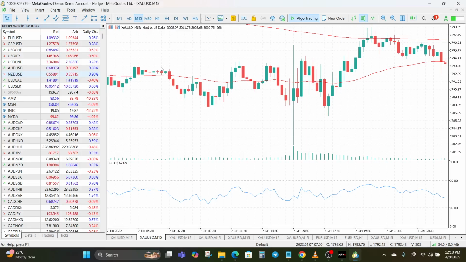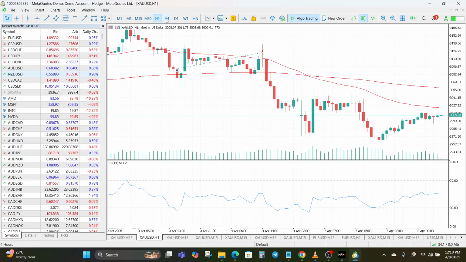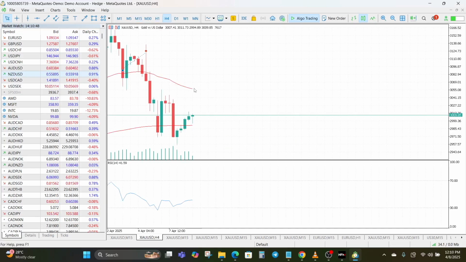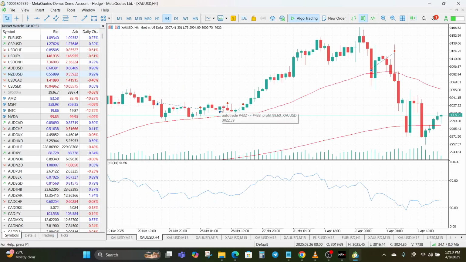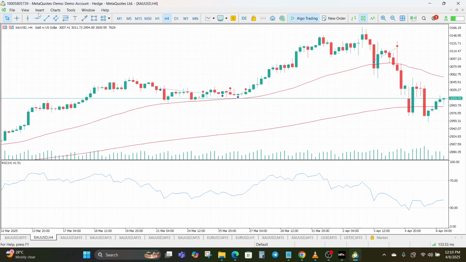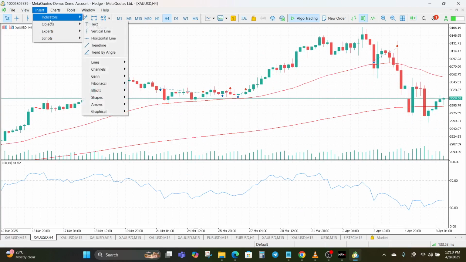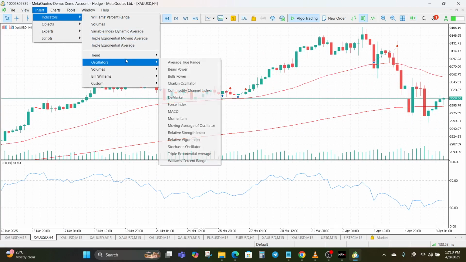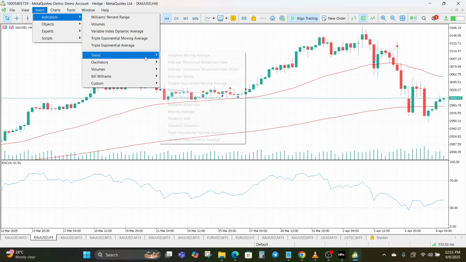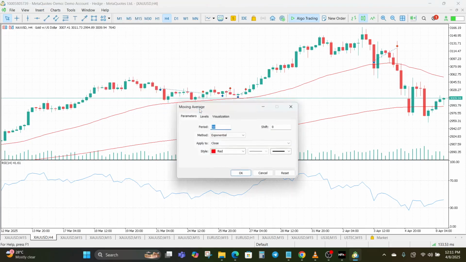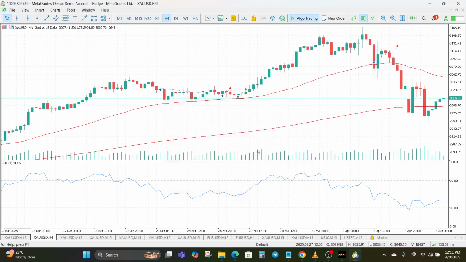Most traders use M15, H1, or H4 time frames for day and swing trades. Add a few basic indicators. You can use, for example, a 50 EMA for trend direction.